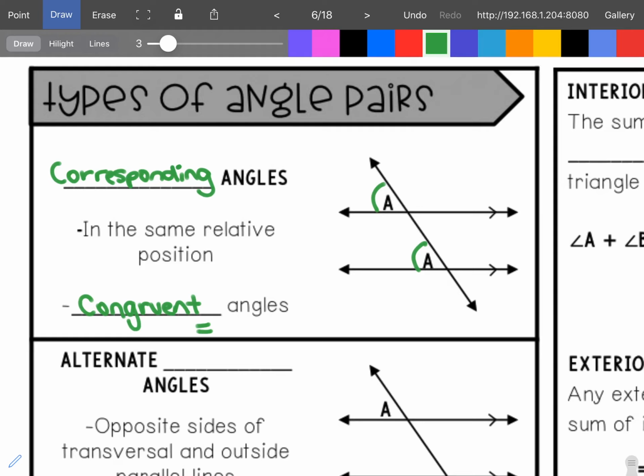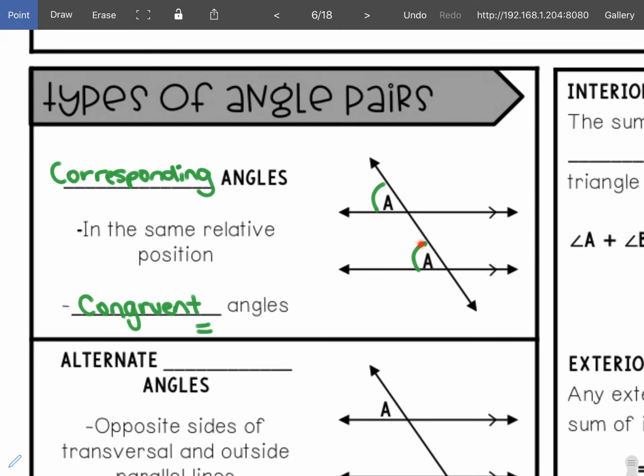So if this angle A was 50 degrees, then this angle would be 50 degrees also. Those are called corresponding angles. Kind of looks like this angle right here just dropped down. That's how you know they're the same.